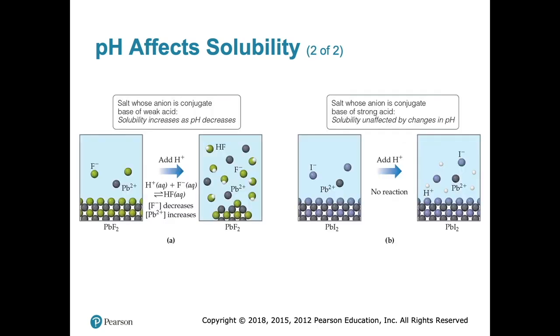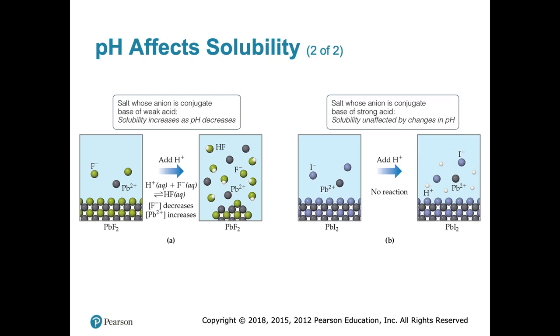All right, this is just a picture showing you the effects on solubility of pH. Here, the salt ions are the conjugate base of a weak acid, so solubility increases as the pH increases. And on this one, the salt ions' anion is the conjugate base of a strong acid, so the solubility is unaffected when the pH increases, or with any change of pH, really.